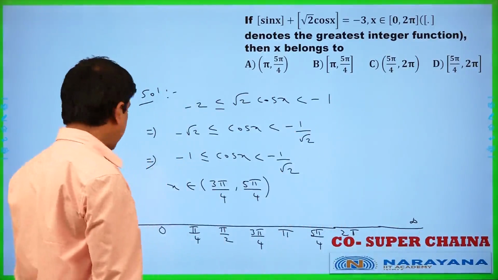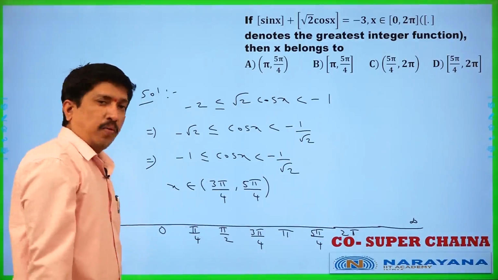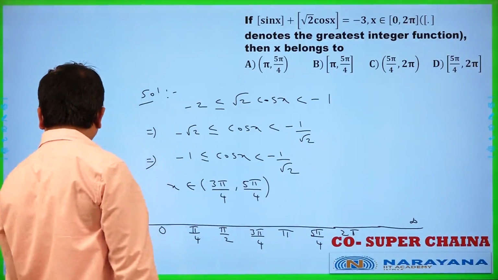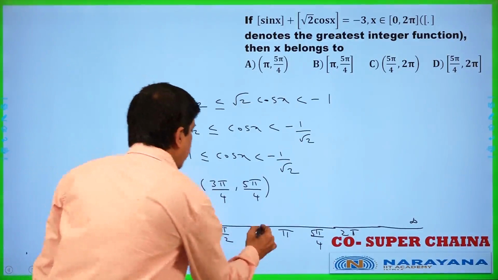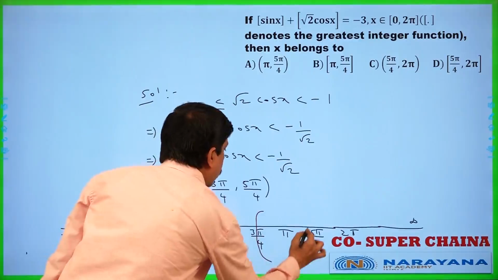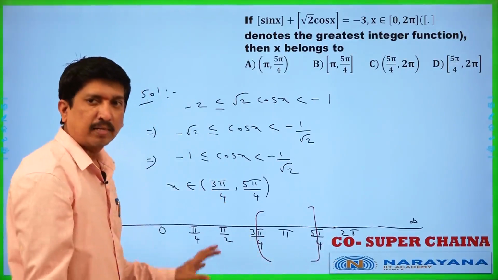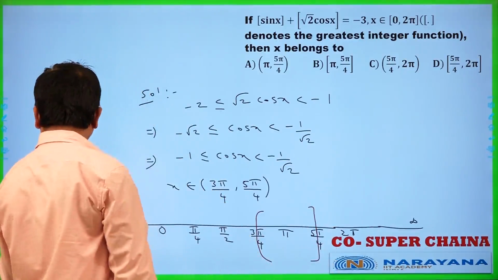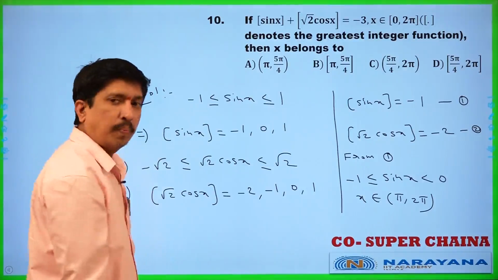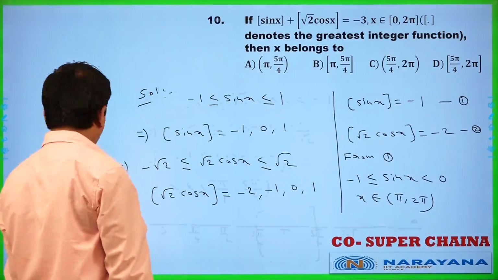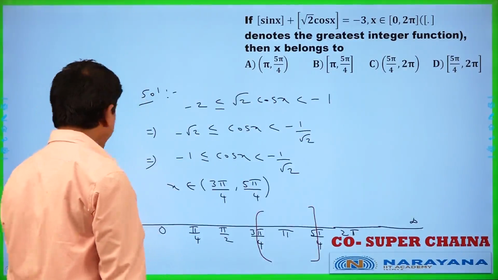Now first answer, 3 pi by 4, 5 pi by 4. This is the one answer we got. Previously what we got, once you observe that one, we got pi to 2 pi.